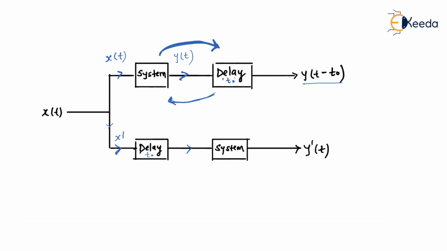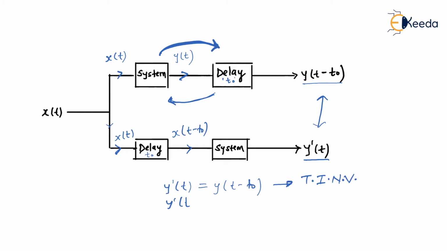So if input is x of t, after delaying it becomes x of t minus t naught. And let's say now it is applied to the system, assuming some output, that is y dash of t. If this y dash of t is equal to y of t minus t naught, it means if after comparison we find that these two are equal, then the respective system is called a time invariant system.